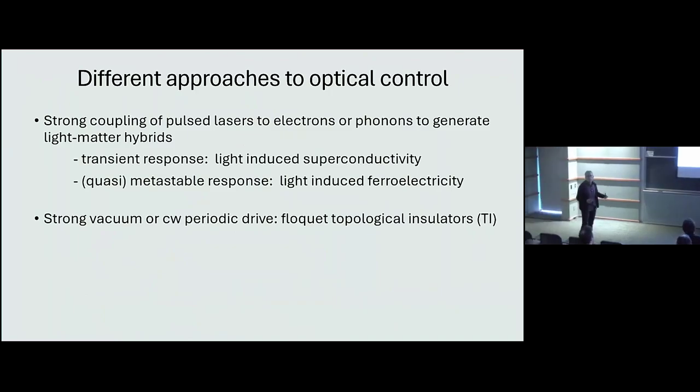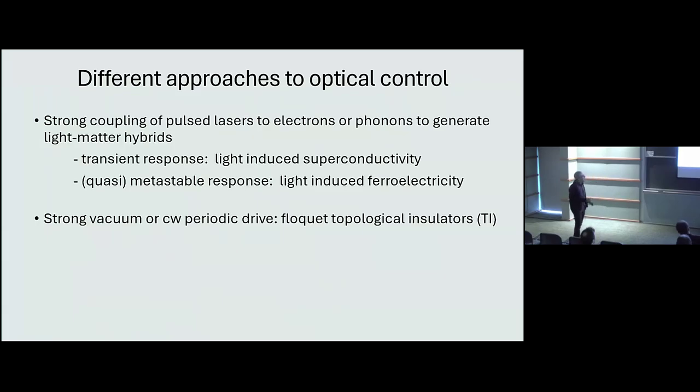So I guess one of the most established ones is, for example, as presented by Andrea, the strong coupling of pulsed lasers to electronic, or in his case, the phononic degrees of freedom, to generate what he calls light-matter hybrids. In this scenario, you could have either a transient response, so light-induced superconductivity, which persists practically as long as the drive persists.